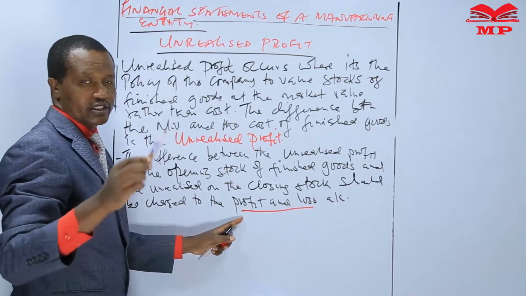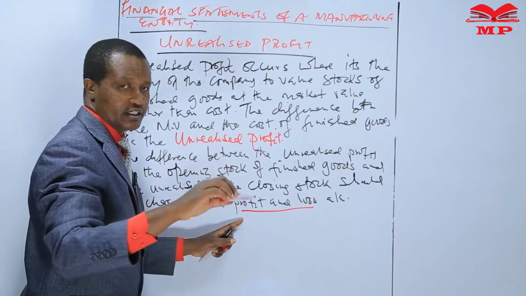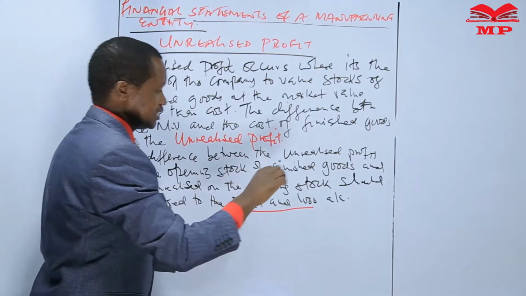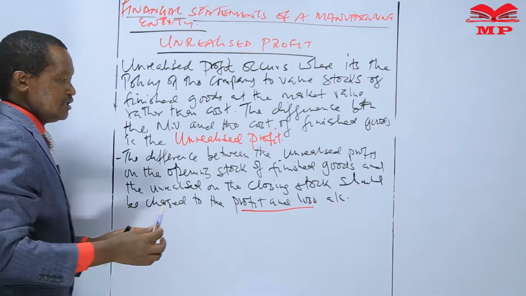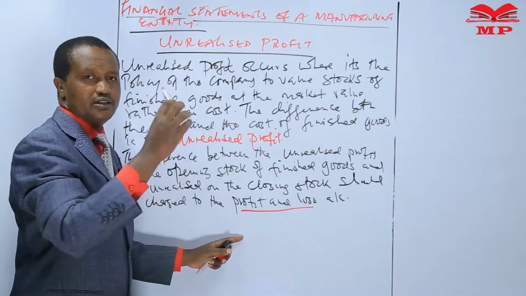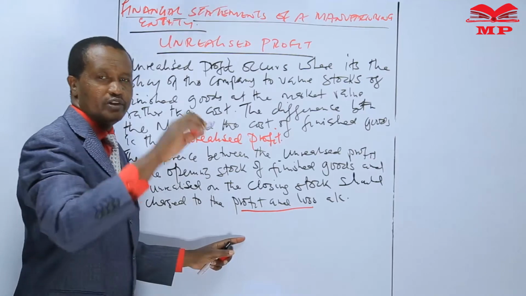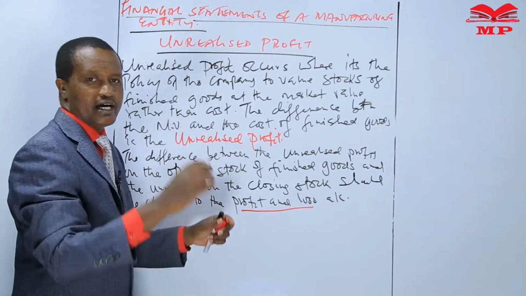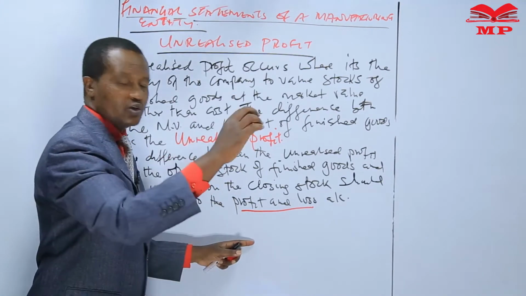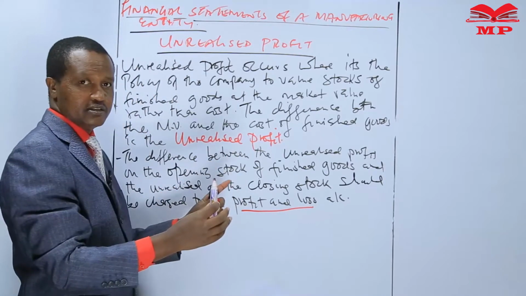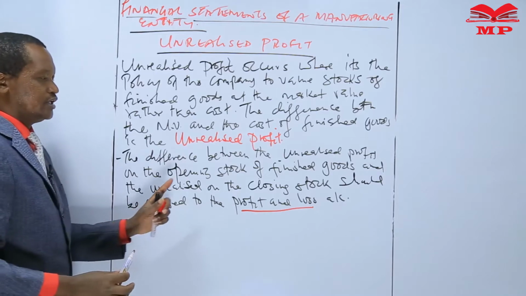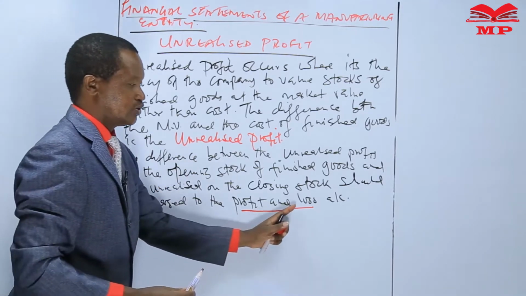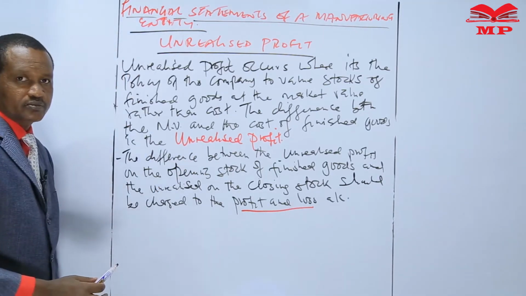How do you record unrealized profit in the profit and loss account? One treatment is that the difference between the unrealized profit on the opening stock and the unrealized profit on the closing stock should be charged to the profit and loss account.